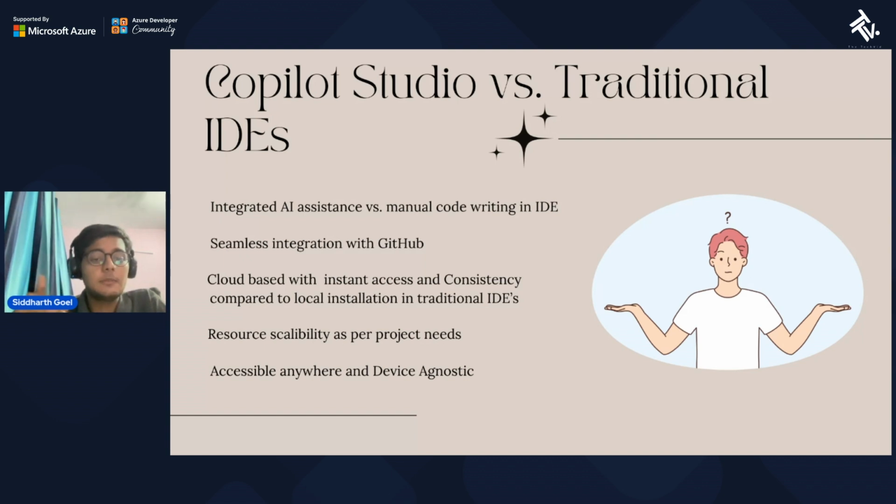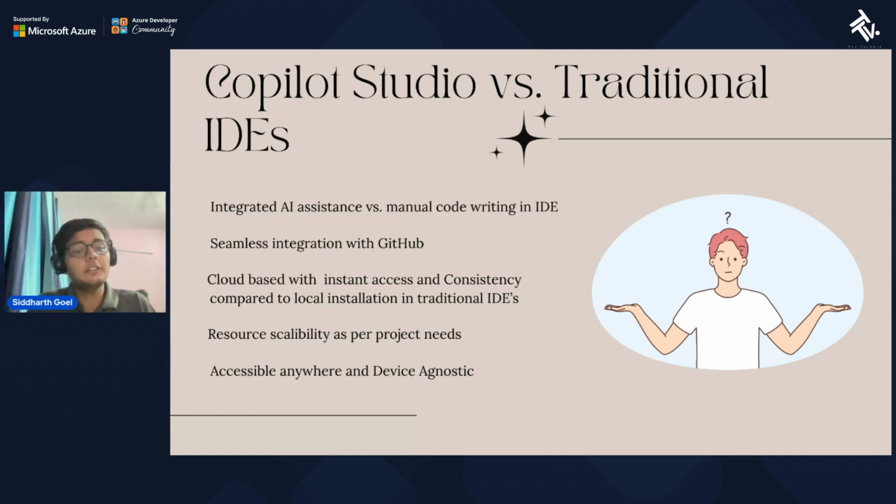Then next comes accessible anywhere and device agnostic. As I said, since it is a cloud-based solution, you can access your code anywhere, whether you are traveling or you don't have your machine. It's not an issue now. And device agnostic means it is independent of the device on which you are running. Let's say you have a low-power device which does not support the development environment tools, but you can still access Copilot Studio because the computation power required would not be of the machine which you are using.